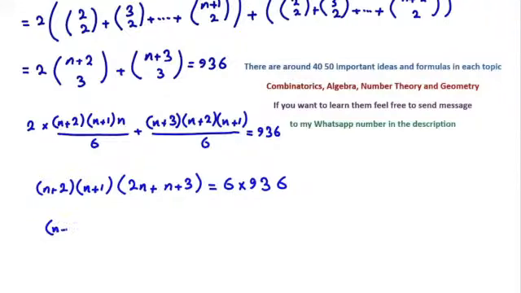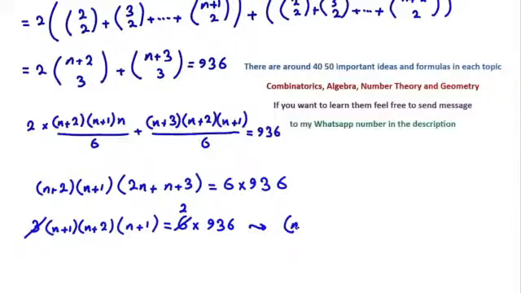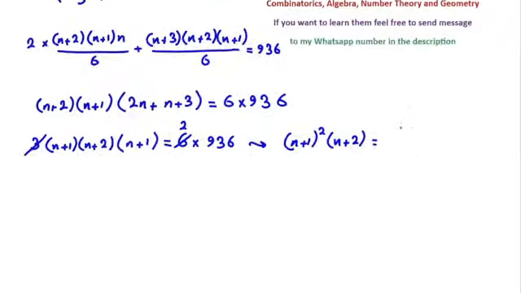So it will be n plus 1 times n plus 2 times 3n plus 3. 3n plus 3 we can factor out 3 again, it will be n plus 1, equals 6 times 936. We can divide both sides by 3. So n plus 1 squared times n plus 2 equals 2 times 936.